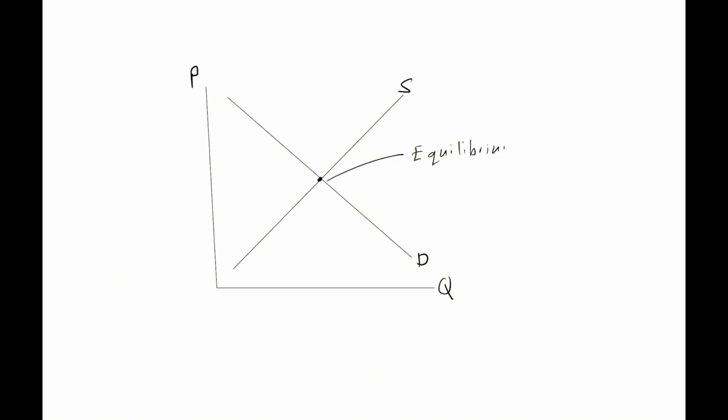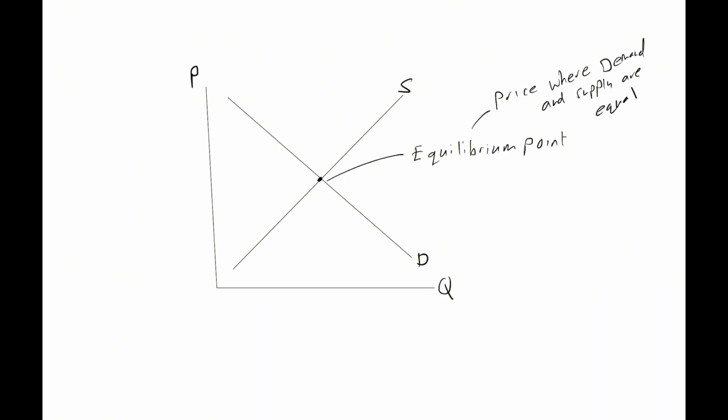Now, the equilibrium point is the price where demand and supply are equal. They are the same.